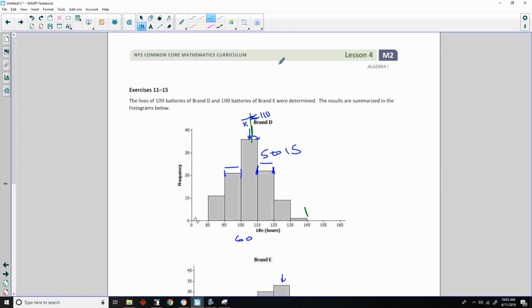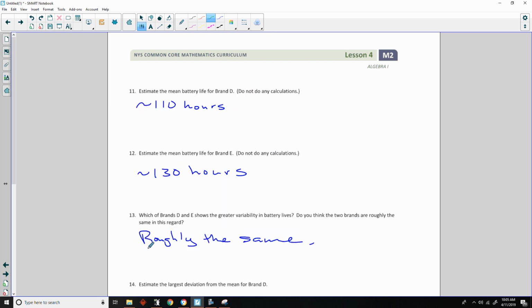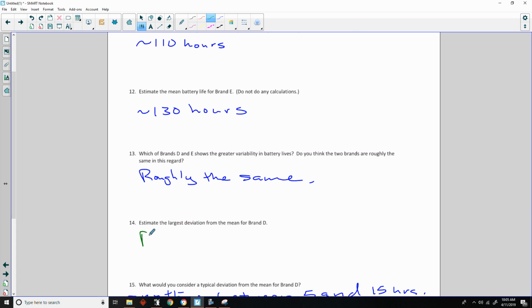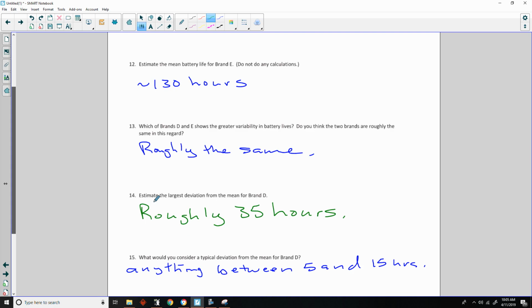So that would be 145 minus 110 roughly, or 35. So I would say roughly 35 hours. That's the largest deviation. A typical deviation would be 5 to 15 hours.